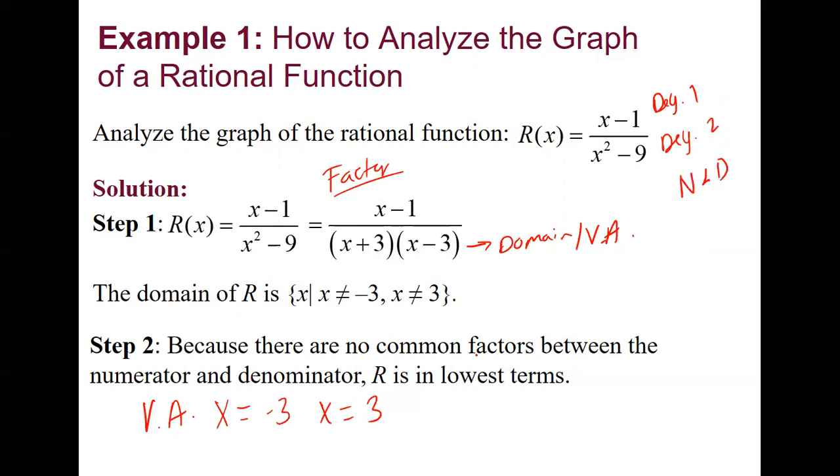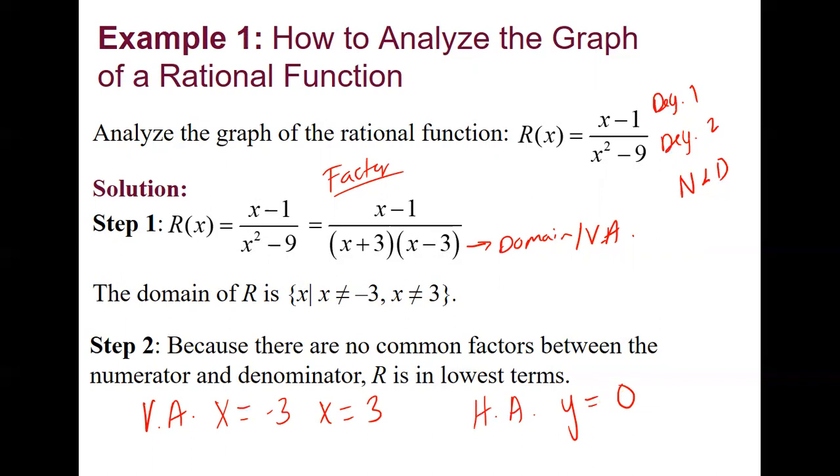What does that mean? Exactly. My horizontal asymptote is at y equals 0. So without graphing, I've been able to identify my domain, my vertical asymptotes, and my horizontal asymptote.